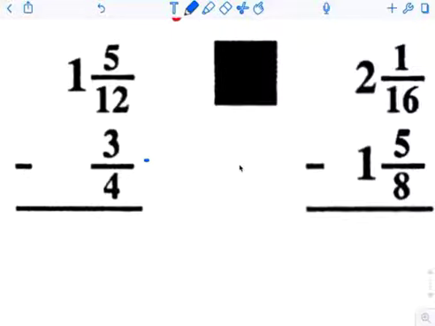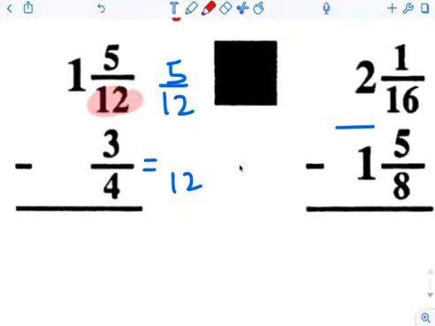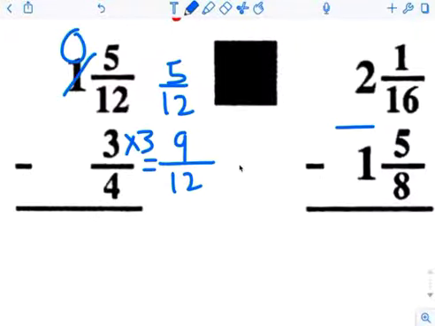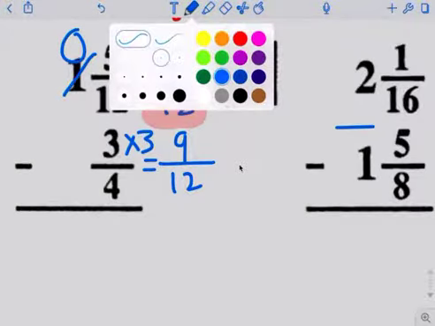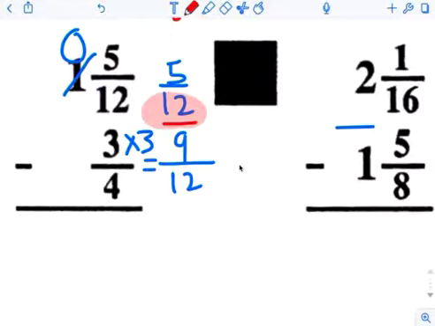And then same thing here. Least common denominator is 12 in this case. That doesn't change because it's already a 12. 4 times what makes 12? Times 3. That's 9. You cannot subtract, you borrow. That's a 0. You're borrowing 1 whole. 1 whole in this case is 12 over 12. That's why you add 12 here.